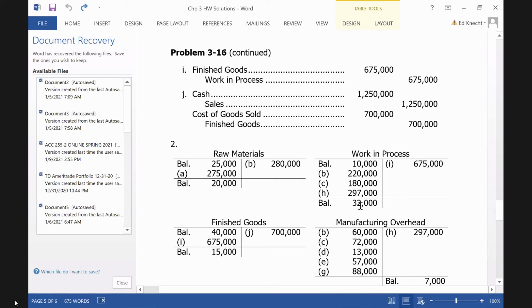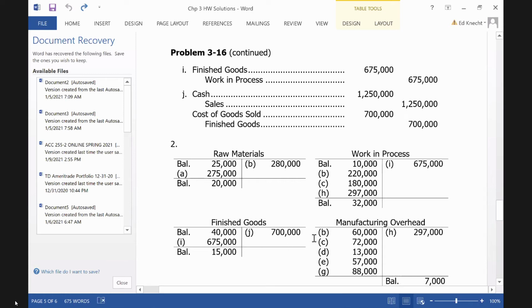That's partially worked on products. The products that were completed got taken out of work in process and went into finished goods. We had $40,000 of beginning finished goods. We completed $675,000. So we had a total of $715,000 on this side. But we sold $700,000. That would leave only $15,000 of finished goods that's not sold.